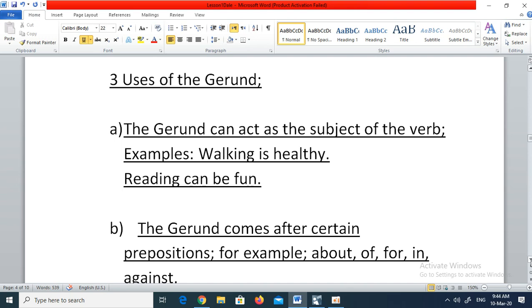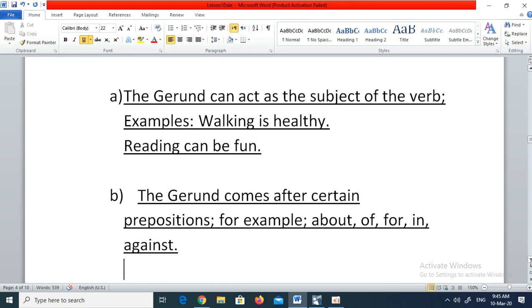Walking is the gerund, and the verb is. Reading can be fun. Reading is the subject, can is the modal verb, and be is the main verb. So in both those examples, a gerund is acting as the subject of the verb.